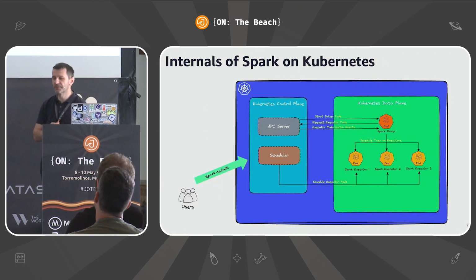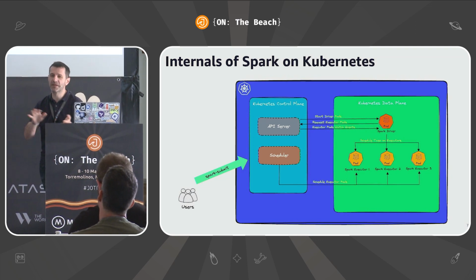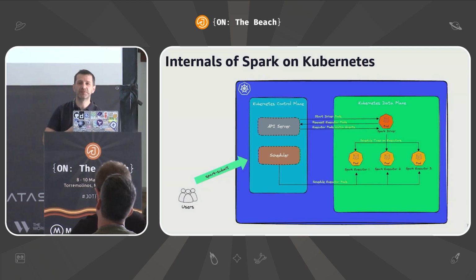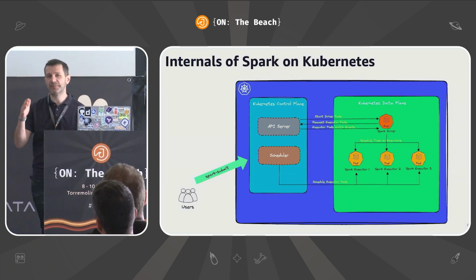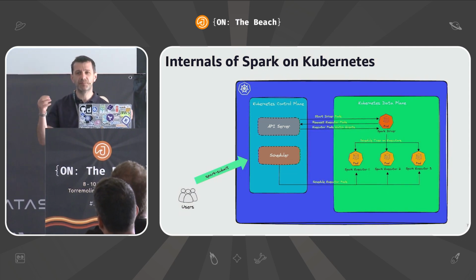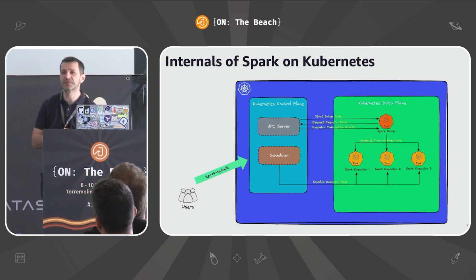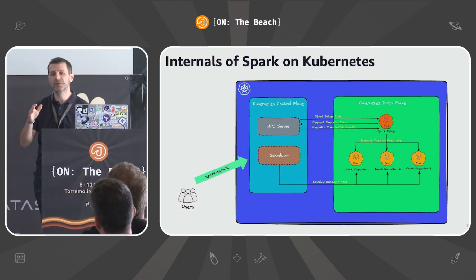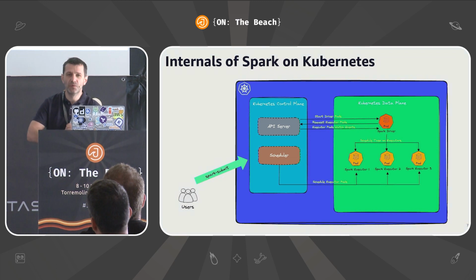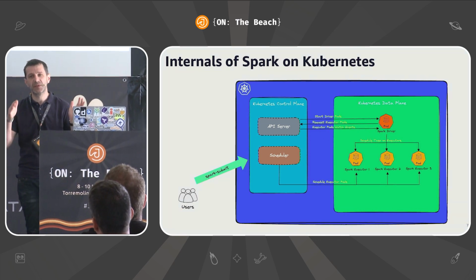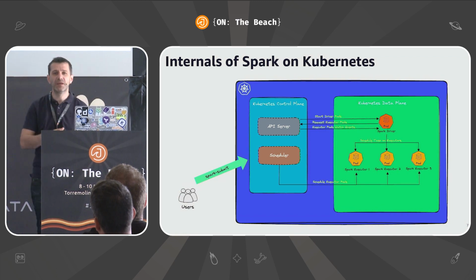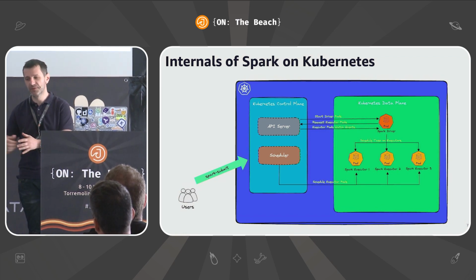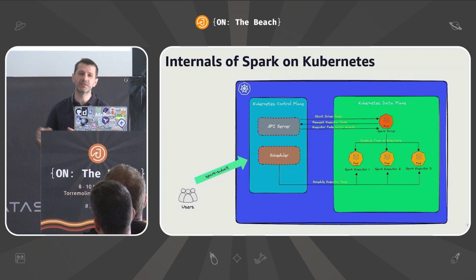Let's see a bit of the internals at a high level, and how it works. An application submits a Spark submit, and this goes to the Kubernetes API server. The API server talks to the controller and the scheduler, and then creates the driver pod on the Kubernetes data plane.